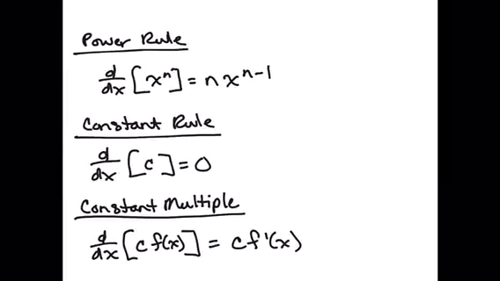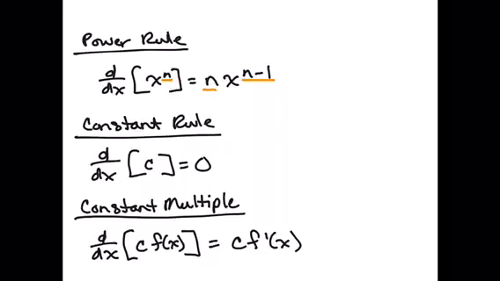So this leads us to a couple of rules for taking the derivative that means we don't have to use the limit definition anymore. When we take the derivative of x raised to a power, the power comes out front and we get x to 1 less of a power.